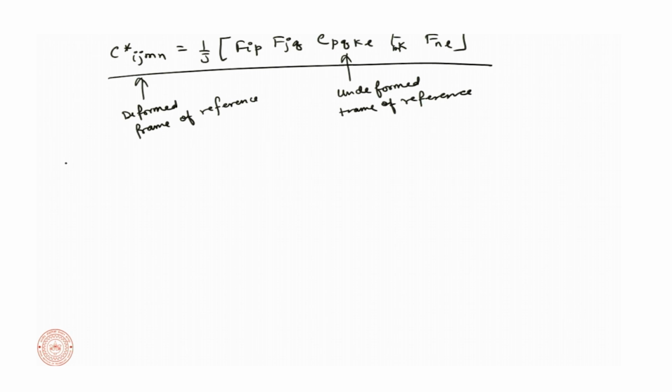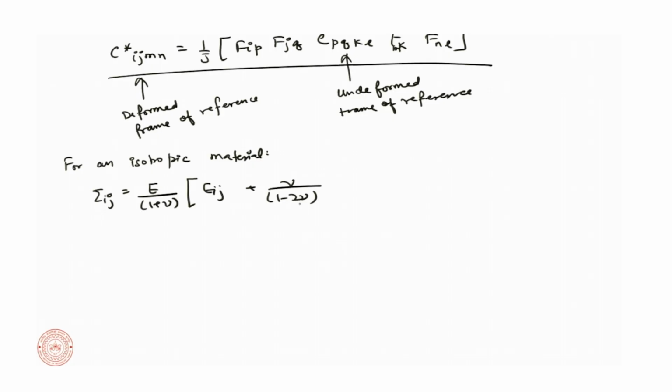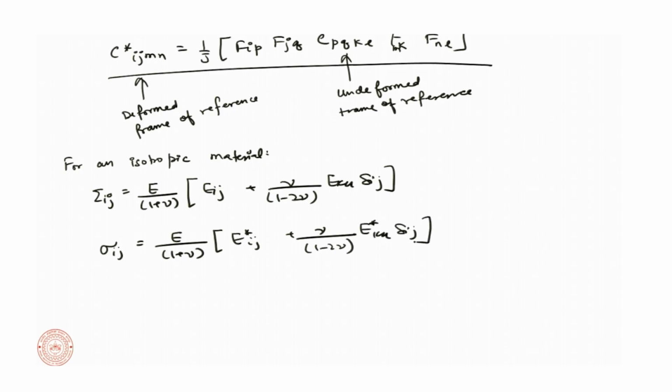If it is an isotropic material, then we can say that sigma ij is E over 1 plus nu E ij plus nu over 1 minus 2 nu E kk delta ij, and sigma ij will be equal to E over 1 plus nu E star ij plus nu over 1 minus 2 nu E star kk delta ij.